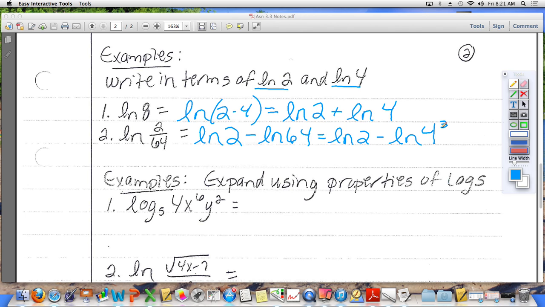But right now it is not written really as the ln of 4, it's written as the ln of 4 cubed. So what can I do to this? Where do I put the 3? Yeah, you put it in front of the ln. So you could rewrite this as the ln of 2 minus, that goes in front, 3 ln of 4.